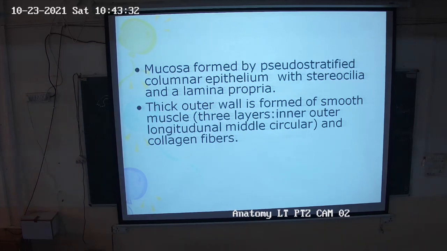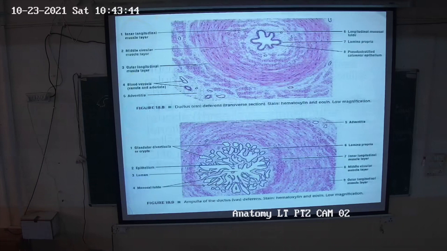Then there will be three muscular layers. Okay, what will they be? Inner longitudinal, middle circular, outer longitudinal, and then the outermost layer. What do you always study? It will be either adventitia or serosa. Here it will be adventitia. So there are three layers: mucosa, muscle layer and adventitia. Inside the mucosa there will be numerous folds which give it a star-shaped lumen.